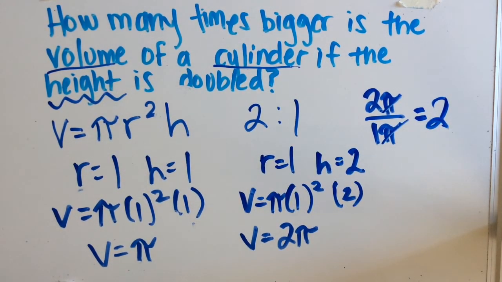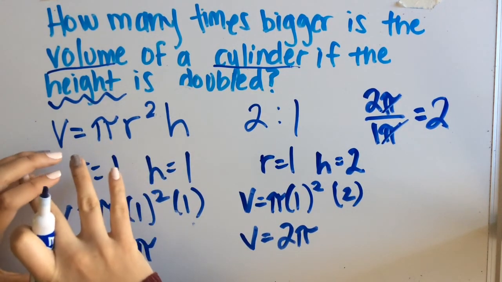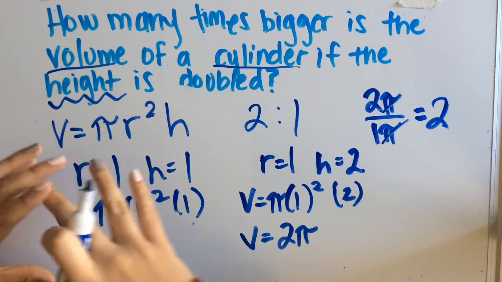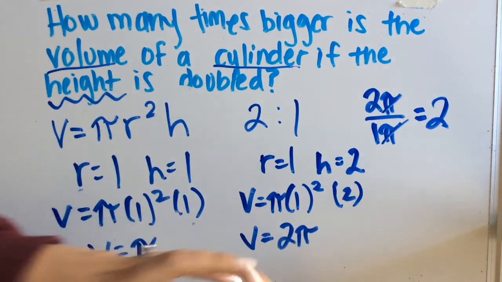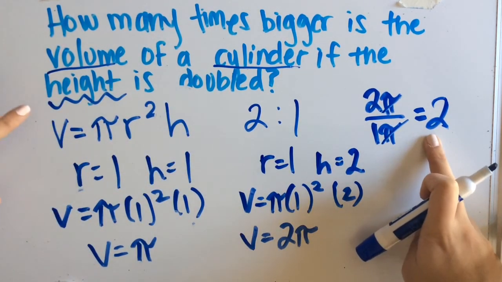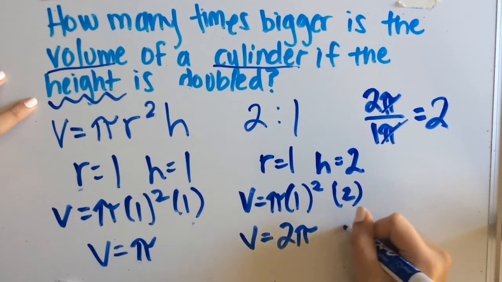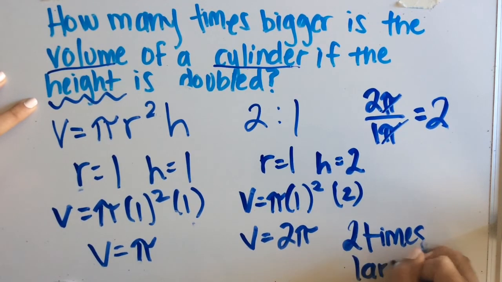So this means that the volume of the first cylinder will be half the volume of the cylinder that has the doubled height. Or in other words, the cylinder with the height that's twice as big is going to be 2 times bigger than the original cylinder. So the answer is 2 times larger.